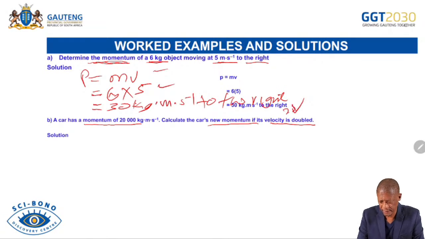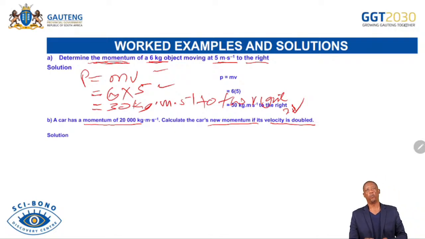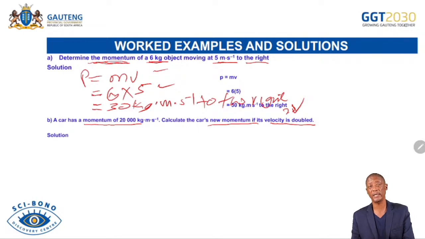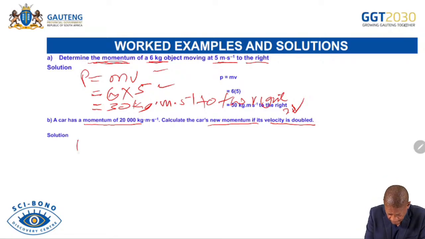v. Okay. Now, what is going to help us is the formula. Remember, they want us to calculate what? Momentum. So we need to go back to the formula for momentum, which is P equals mv.